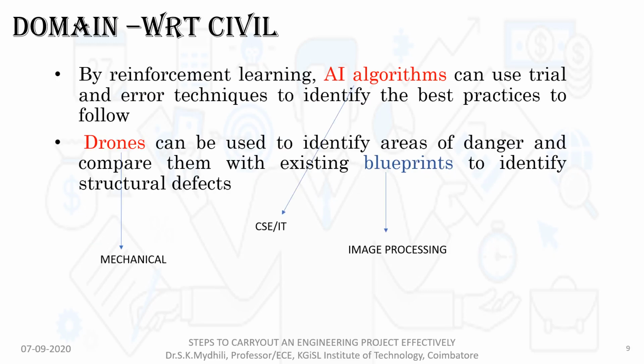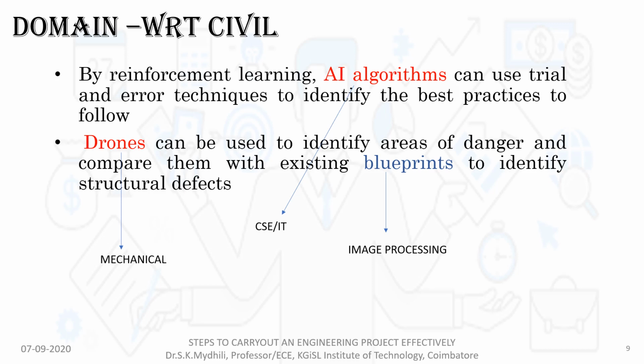So, reinforcement learning with artificial algorithms uses trial and error techniques to identify the best practices to follow. As I explained earlier, the artificial algorithms here are nothing but the CSE and IT domain. The drones, which fly at high areas, need mechanical structures and design concepts for the height they can fly.